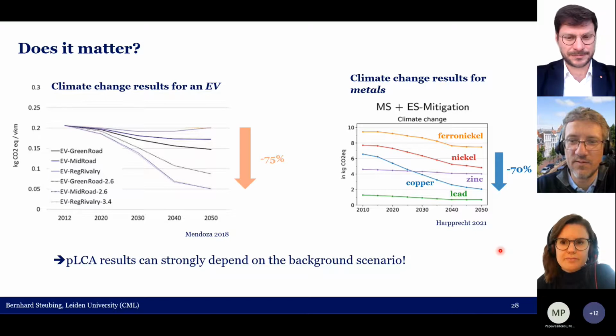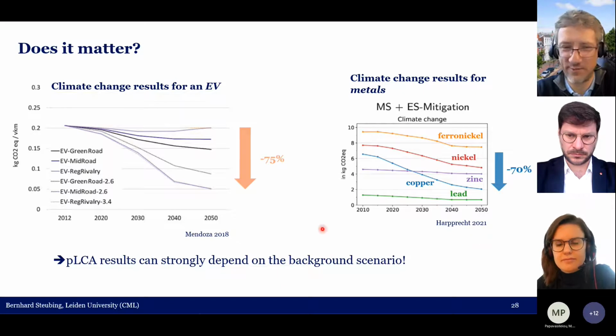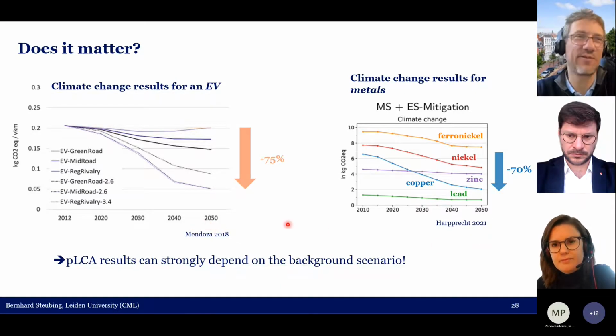Laurie is asking. Yeah, of course, IAMs go until 2100 and partly beyond. I have no idea how the future world will look like in 2100. And we always felt like we didn't dare to go further than 2050, 2060. That seems far enough.